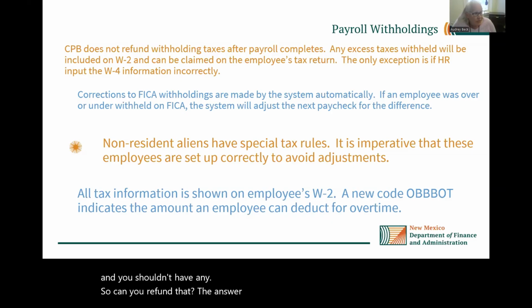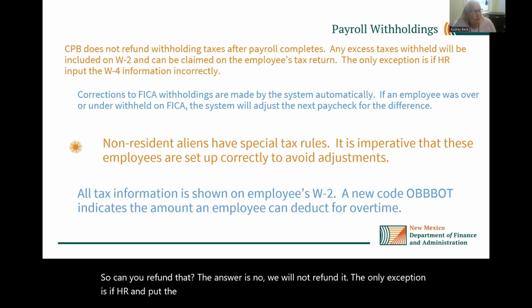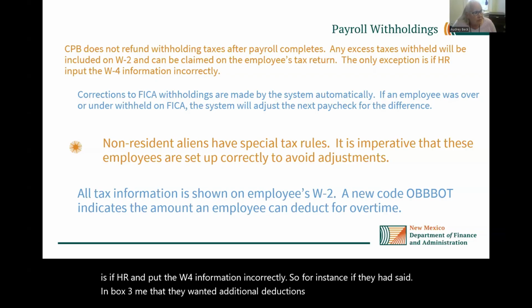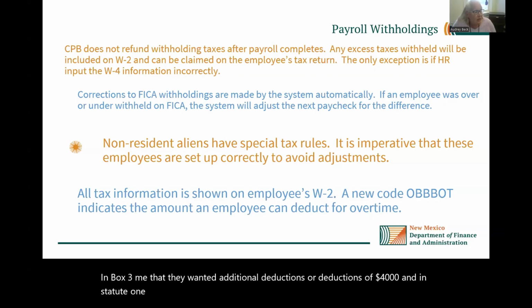The only exception is if HR input the W-4 information incorrectly. So for instance, if they had said in box 3B that they wanted additional deductions or deductions of $4,000, and instead you put it in the red box, the additional withholding, and therefore they did not get a paycheck.